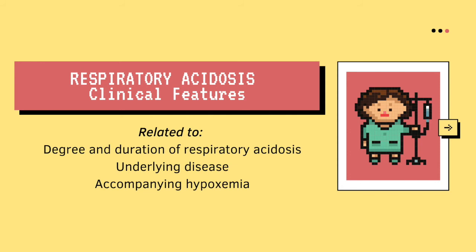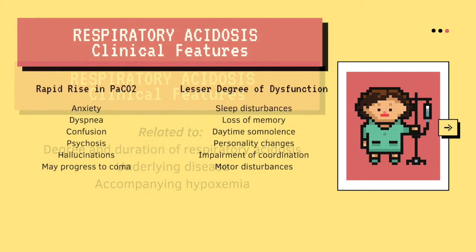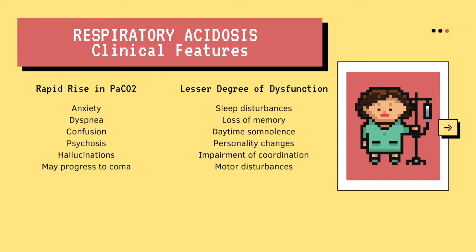Clinical features of respiratory acidosis vary with regards to the degree and duration of the condition, underlying disease, and accompanying hypoxemia. A rapid rise in partial carbon dioxide may result in anxiety, dyspnea, confusion, psychosis, hallucinations, and may even progress to coma.